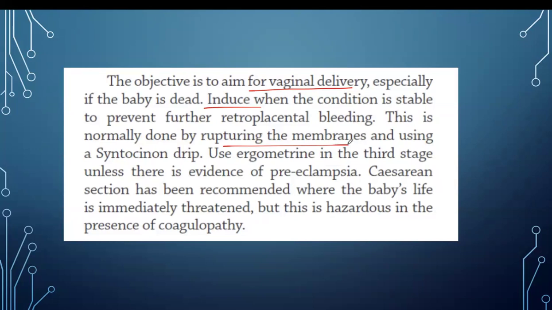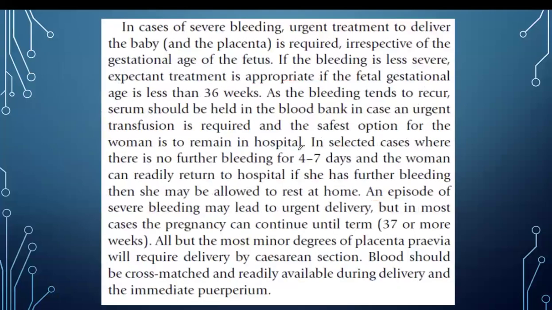If the baby is in a life-threatening condition or fetal distress is there, then cesarean section will be the ideal thing. So cesarean section is recommended where the baby's life is immediately threatened. Make sense, guys?